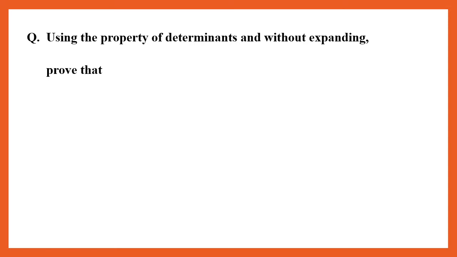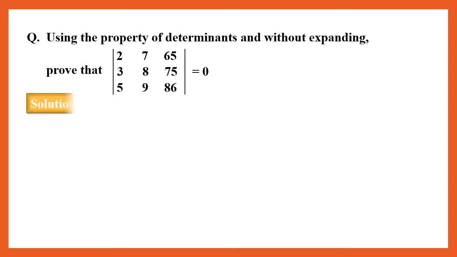Next question, using the properties of determinant and without expanding, prove that the determinant with rows 2 7 65, 3 8 75, 5 9 86 is equal to 0.